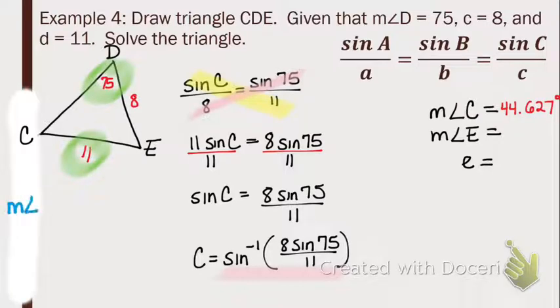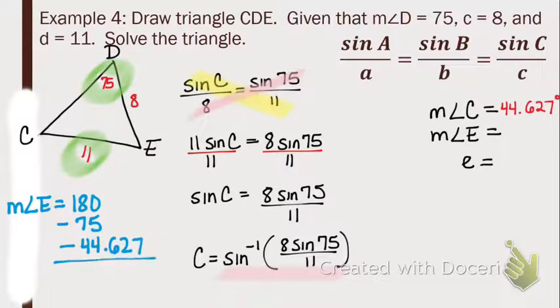The measure of angle E is going to equal 180, and then we're just going to subtract from that 75, and we're going to subtract from that 44.627. And that should give you 60.373 degrees.